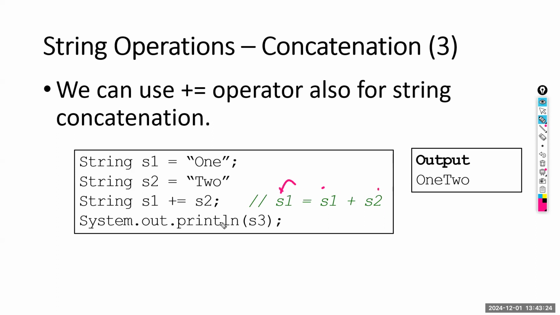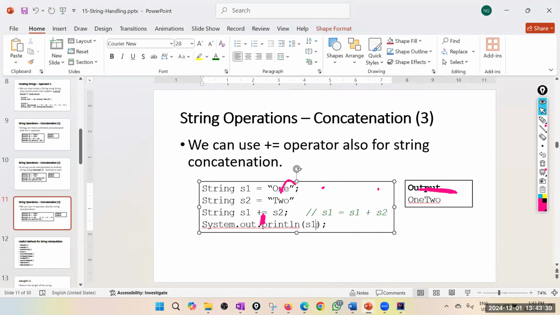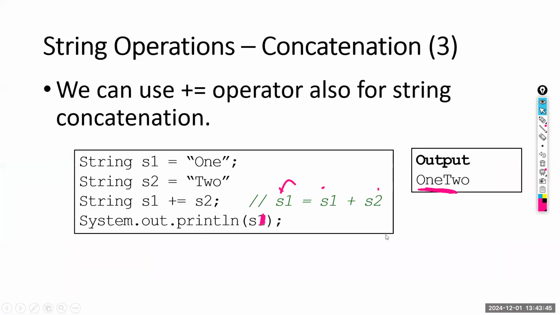So therefore, if you print S1, actually there's a typing mistake, this should be S1. If you print S1, it will be 1, 2. Okay, so let me fix that issue because there's a typing mistake. So this must be S1, okay? I will upload the corrected version, okay? Right, so that is the plus equal operator.